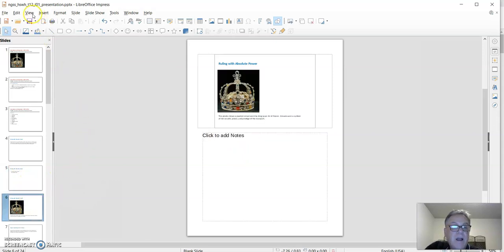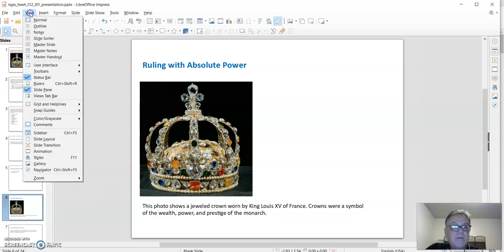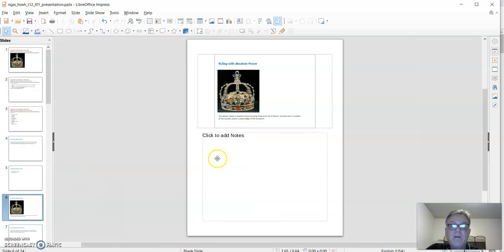Now, this one here, I don't have anything, but let's look at the picture. And this is the photo of King Louis's crown. And the crowns were a symbol of wealth and power and the prestige of the monarchy. So you might want to show this here, go back to view and notes, and you can ask your own question.